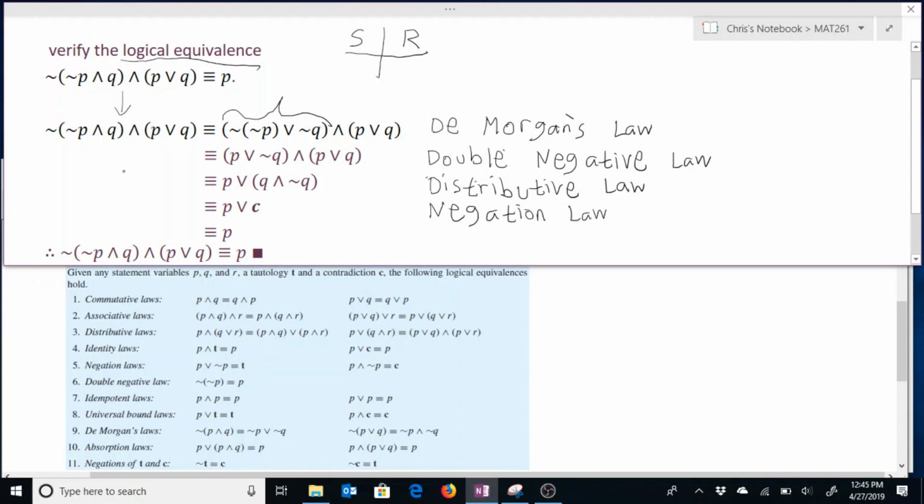And then finally, that being logically equivalent to just P. And we could see down over here with the identity law, P or a contradiction is logically equivalent to just P. So that being one of these identity laws, so this would be the identity law.